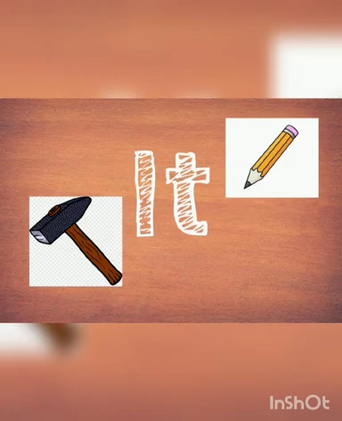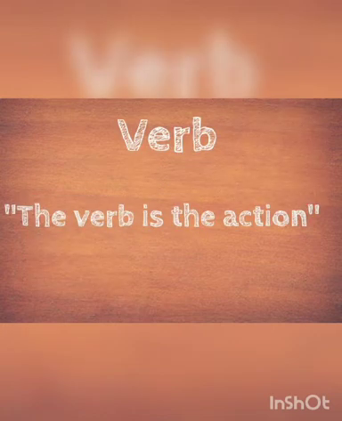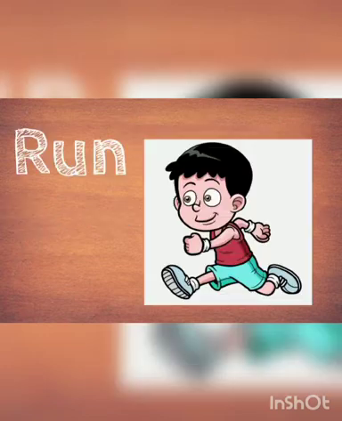Okay, and now we will look into verb. What is a verb? Verb is an action word. It means an action done in a sentence is a verb. Any work that we do in a sentence is called what? Verb. Okay, let's look into examples like run, दौड़ना. Run is an action, physical action.